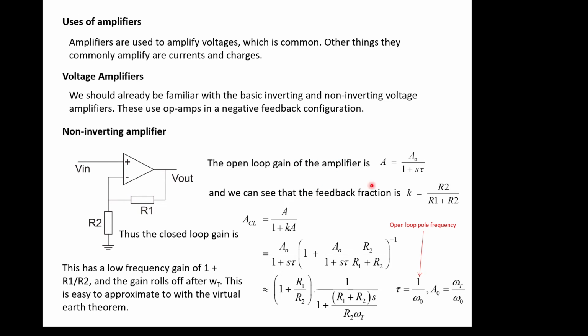You can run through the basic analysis. This is a straightforward way of doing it, and it shows that the gain is going to be 1 plus R1 over R2, and the gain will roll off after omega t, the unity gain frequency. So this part of the expression has a frequency term in it, which will eventually become significant. But this is the main gain function, and this is the frequency dependence function of this system.